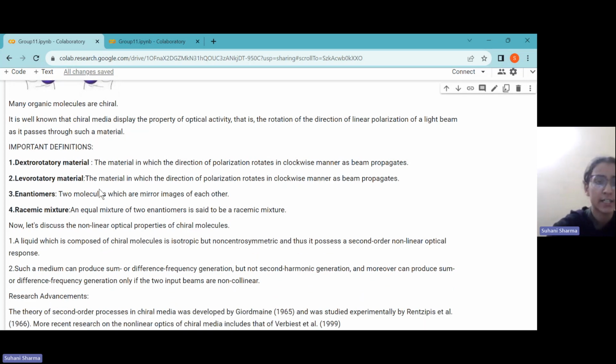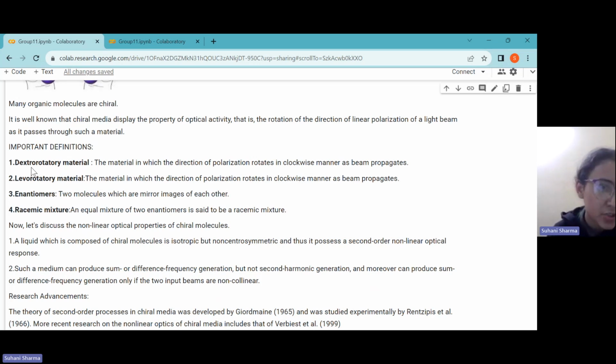And then we will look at some important definitions regarding the optical activity of chiral media. Chiral media have optical activity, which means they rotate the plane of polarization.